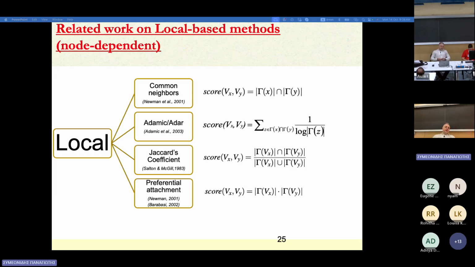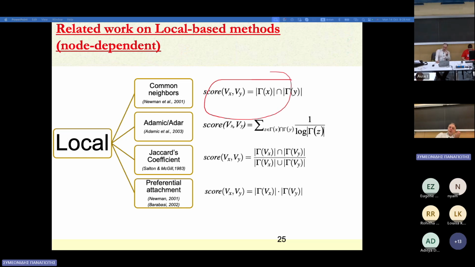Here we see common neighbors. This is the algorithm that is used in Facebook, when you are suggested a friend because you have common friends with him. So this is the first one: the friend-of-a-friend suggestion.